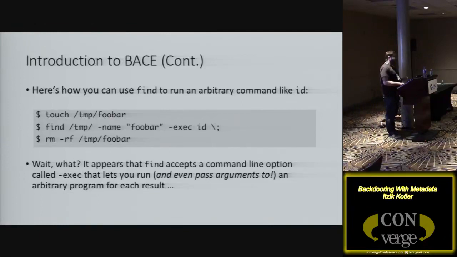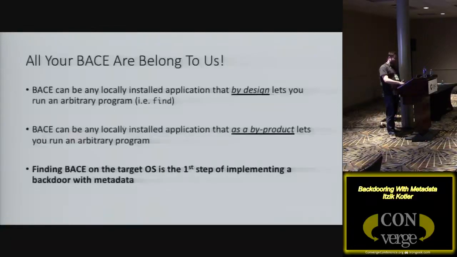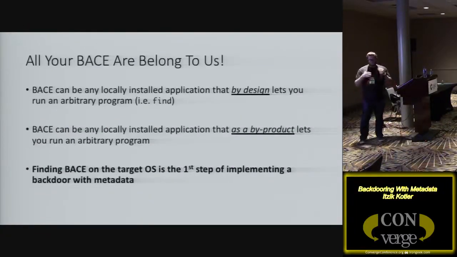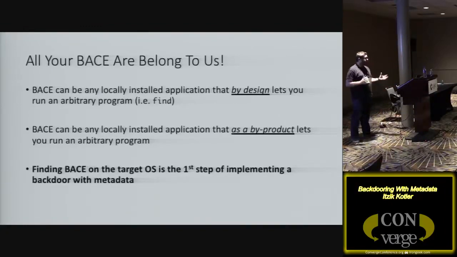So this is, like I said, the vital first ingredient in backdooring with metadata, understanding which binaries are capable of that. Like I said before, during the mapping that my team and I have made, we classified or stumbled across two major types. The one is base binaries that can execute arbitrary commands by design, and the find example that I just showed you is one of those.